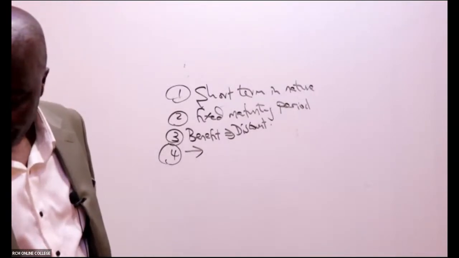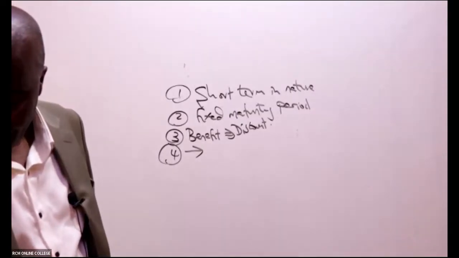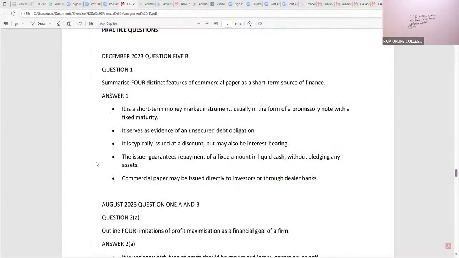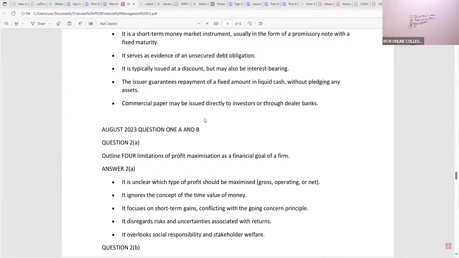So let me share this. Then we come here, ladies and gentlemen. That's August 2023, question number 1, A and B. Outline 4 limitations of profit maximization as a financial goal of a firm.